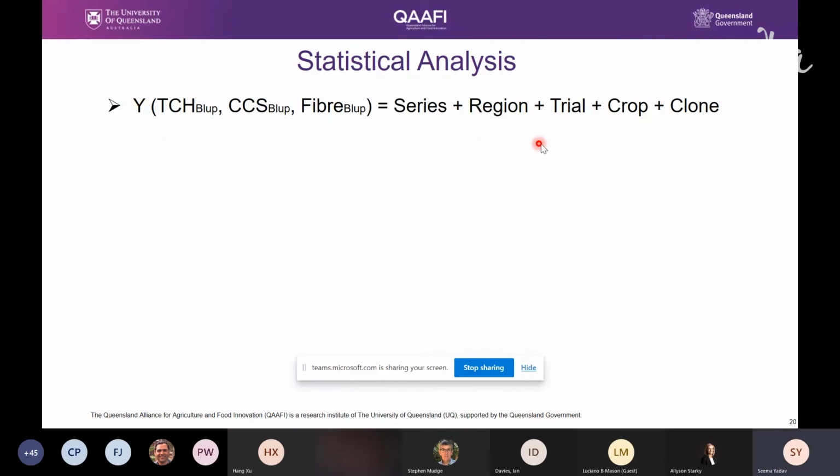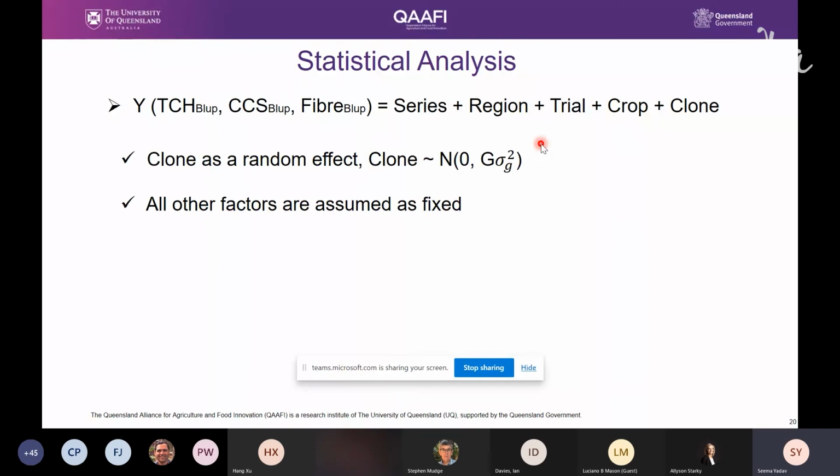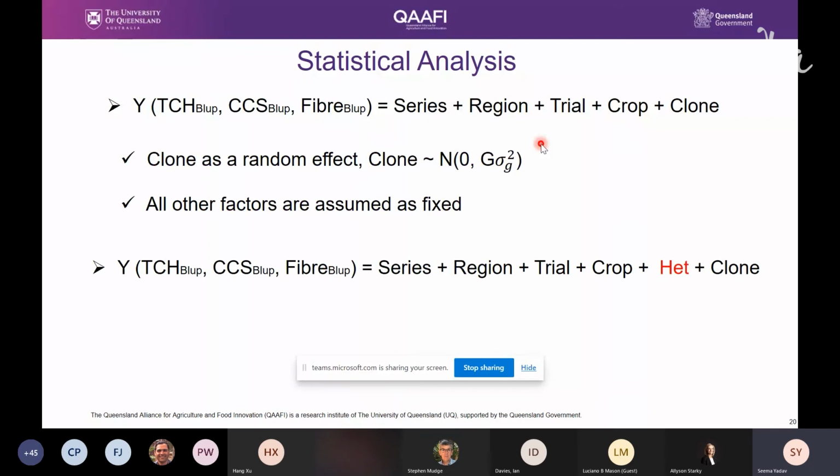Where series, region, trials, we just considered as fixed effects in our model, except the clone, which we treat as random. We also fit our model by including the heterozygosity.